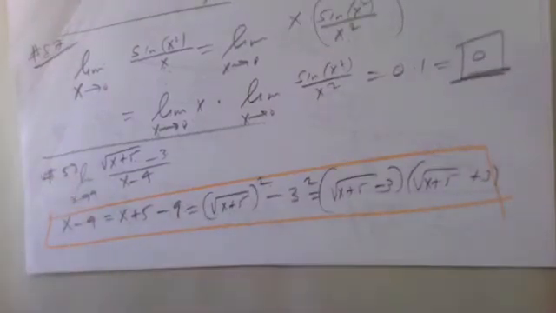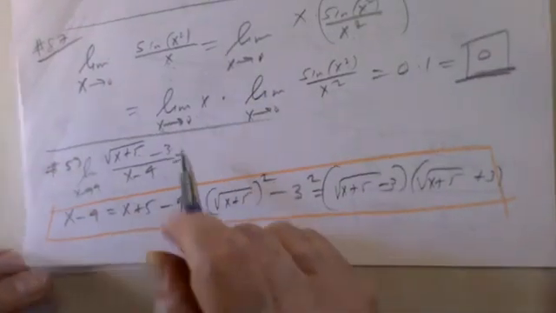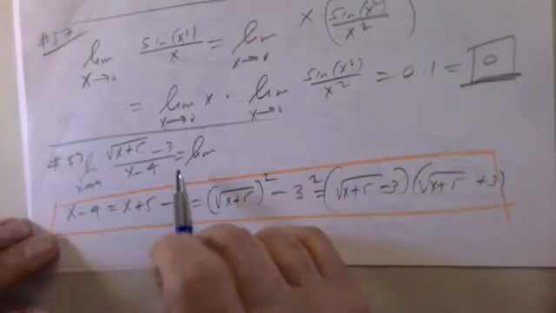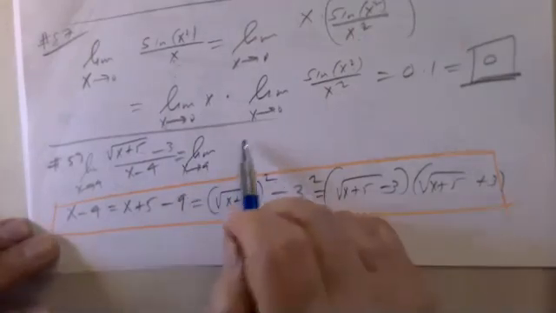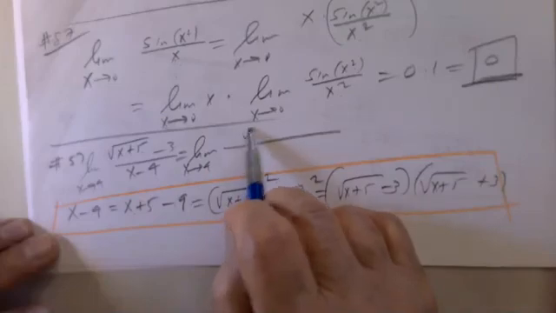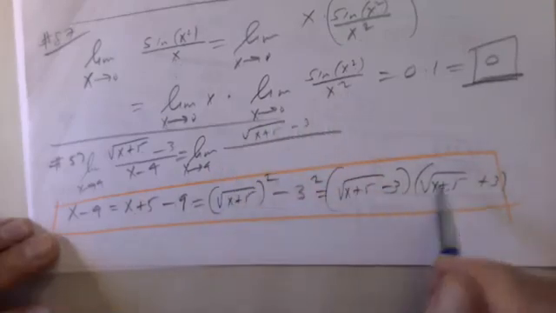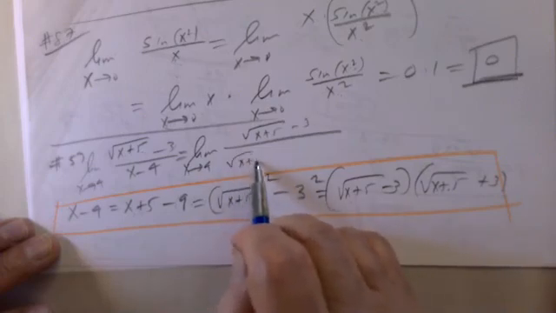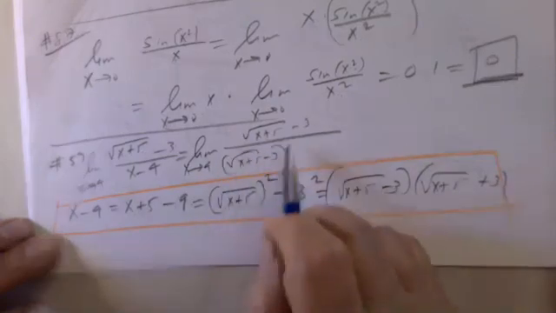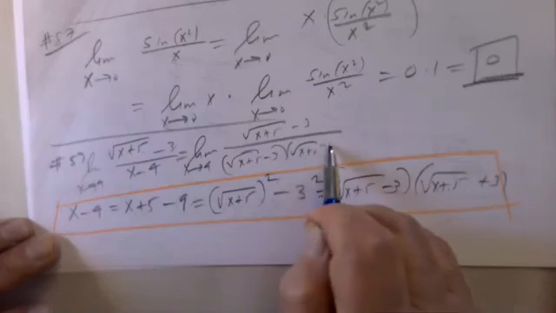Well, this is the magic trick that will work, because now this is the limit as x goes to 4 of the square root of x plus 5 minus 3 over this square root of x plus 5 minus 3, square root of x plus 5 plus 3.